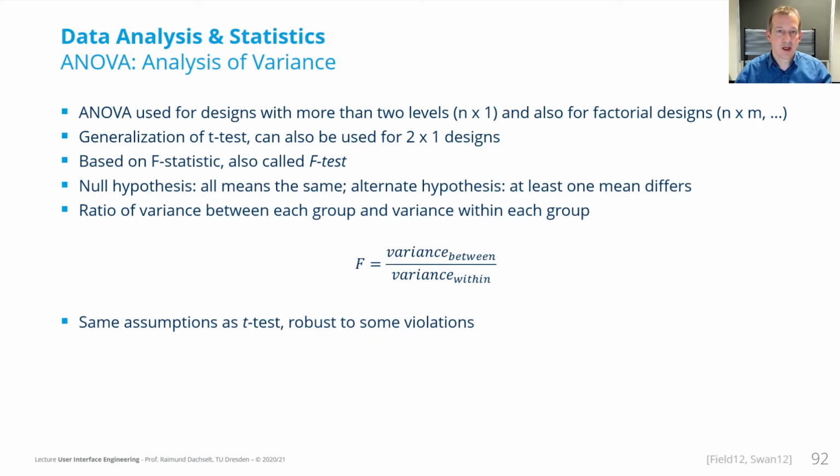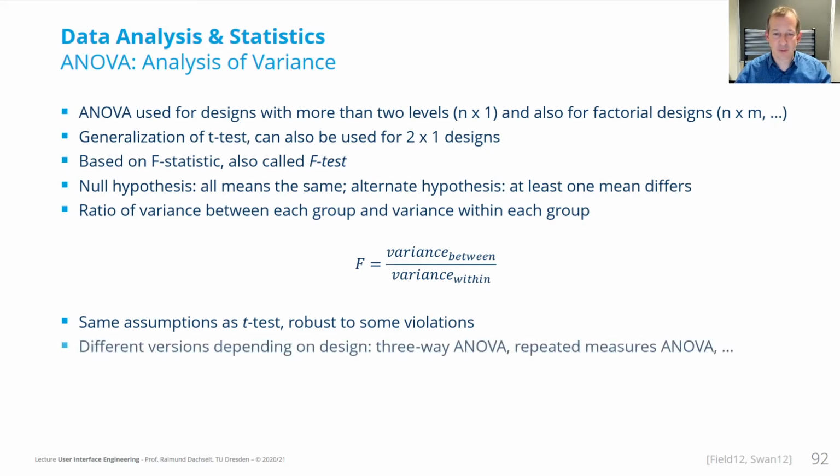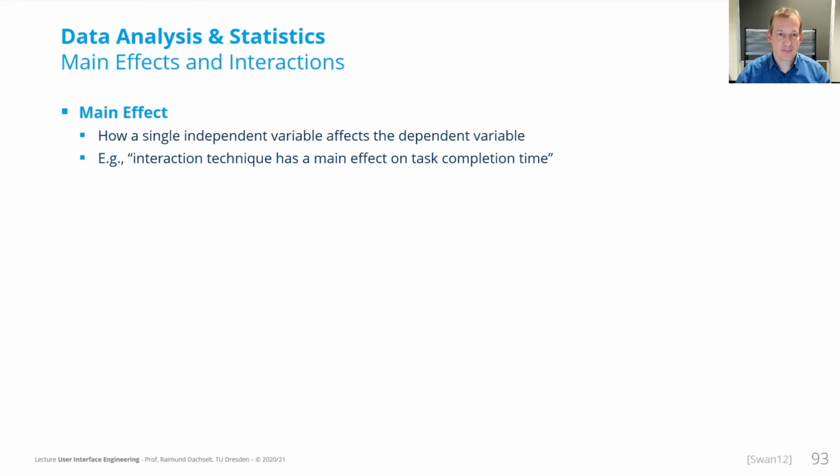And there's, of course, a lot of science going on when to use it or when not to use it and what is problematic and what not, given a certain data distribution. There are different versions depending on the design. That means, is it a factorial design or not? How many independent variables are you testing? For example, three-way ANOVA or repeated measures ANOVA.